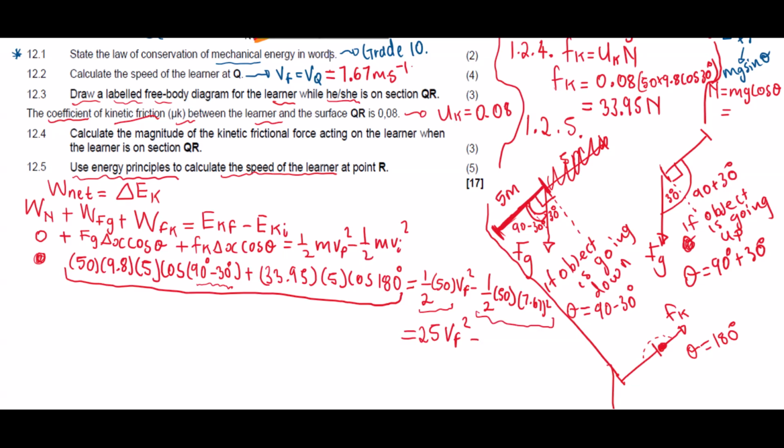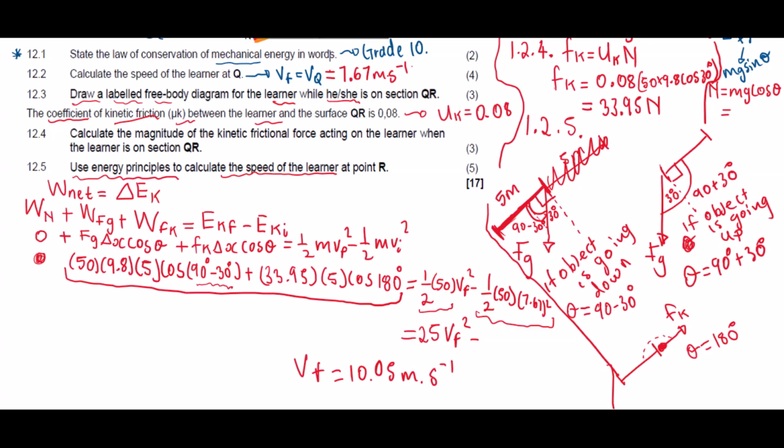If everything you did here is correct, you should get that your answer for VF is 10.05 meters per second. This is going to result in this answer. So let's just check.